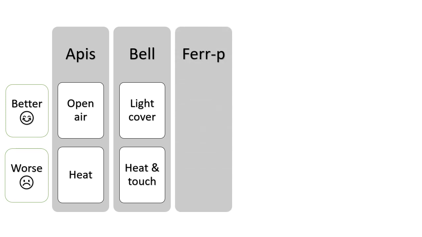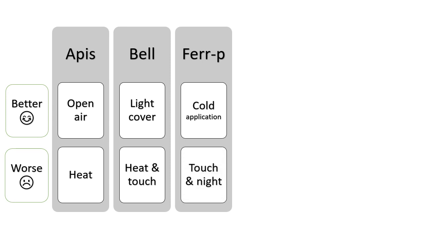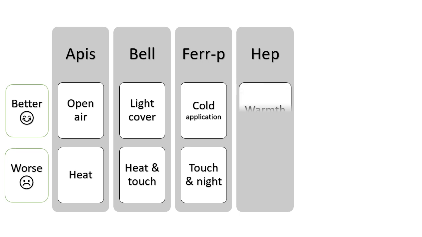Ferrum phos, and you'll be meeting this remedy quite a lot in the next two lessons, is better with cold application, and worse with touch, and worse at night. Hepar sulfuricum or Hepar is better with warmth, and worse when it is cool.